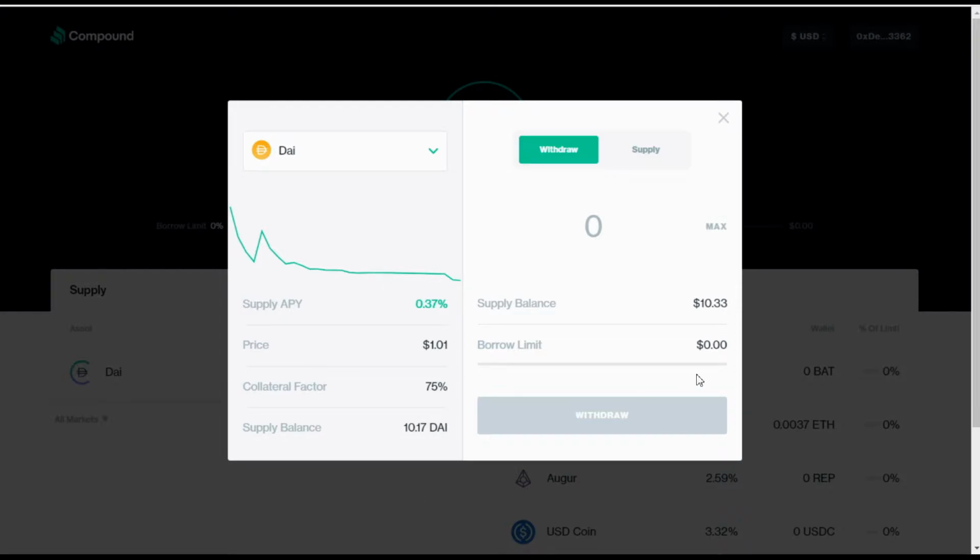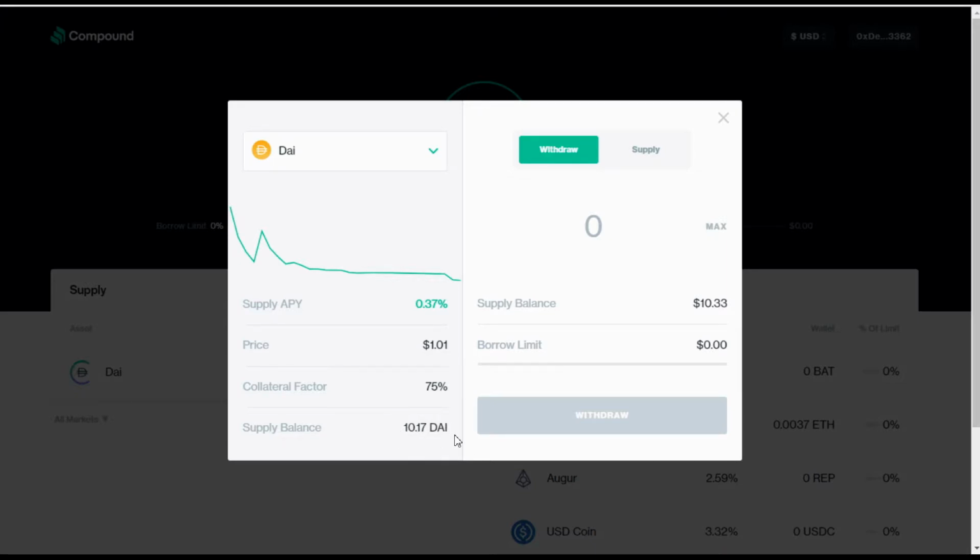I just suddenly realized that this is in dollars and that is in DAI. So as you can see here, the price of a DAI is $1.01. So basically that is what our account is worth in dollars, and this is what we have in DAI. So I put 10 DAI in there, not $10 worth.